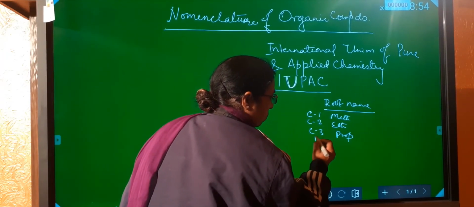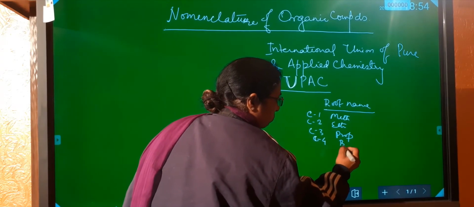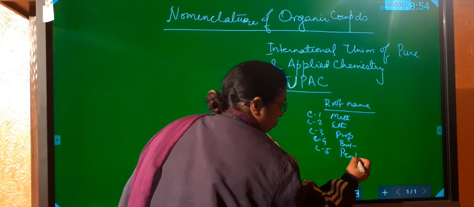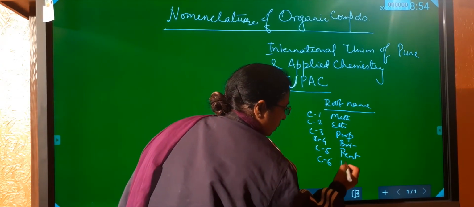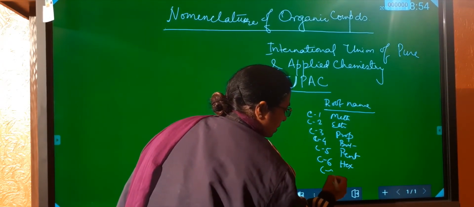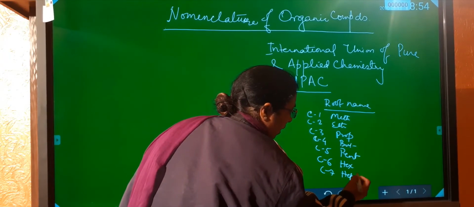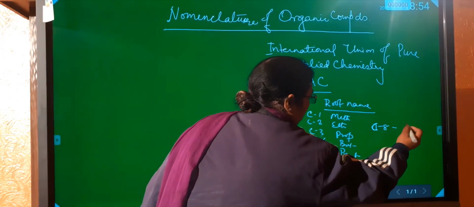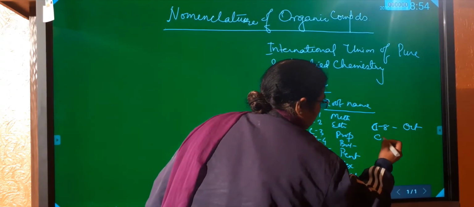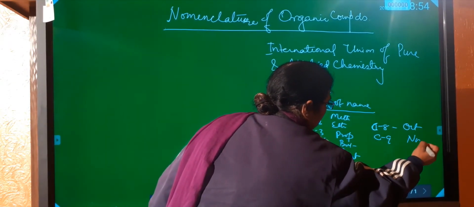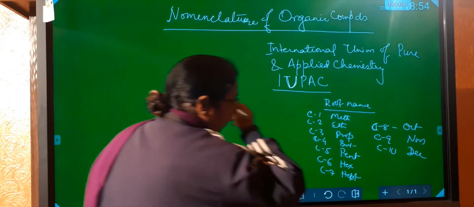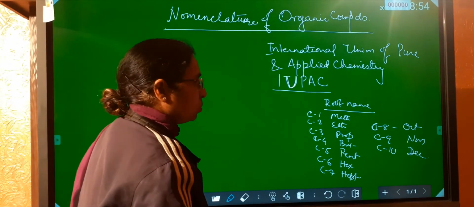For C4, but. For C5, pent. C6, hex. C7, hept. C8, oct. C9, non, and C10, dec. So this is the root name.